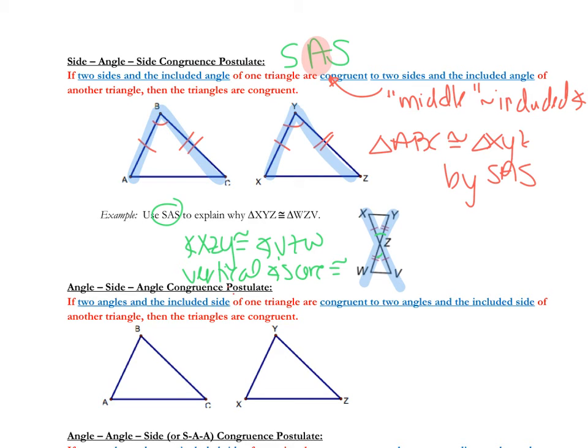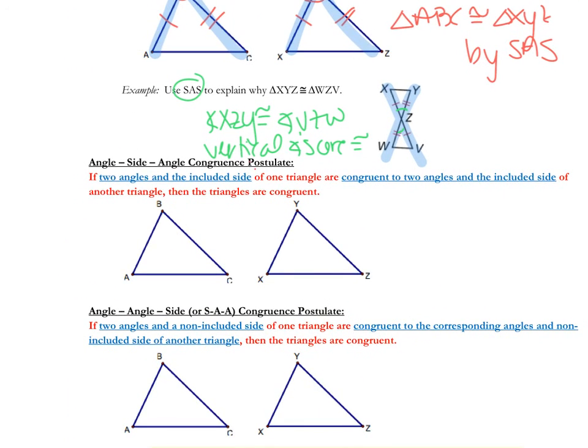Okay. All right. So far we have SSS and we have SAS. The next one we're going to do is known as angle, side, angle, ASA. Again, note that the side's in the middle. So we want the included side. So let's say we're saying A is congruent to X, B is congruent to Y. Which segment would we also need to be proved congruent?